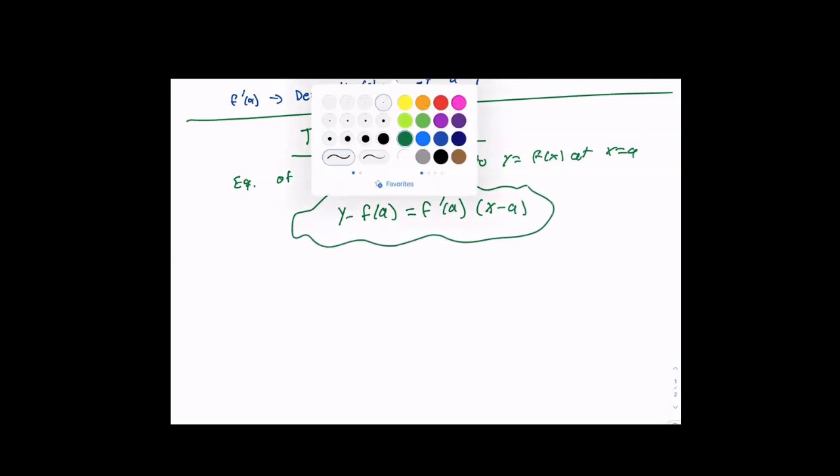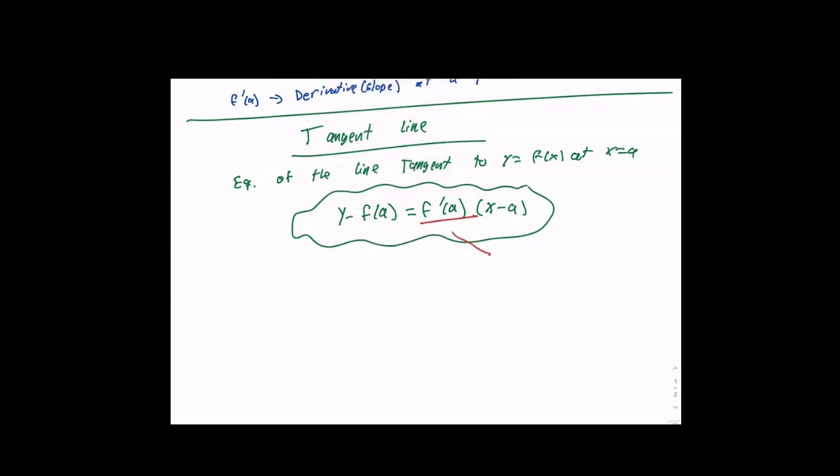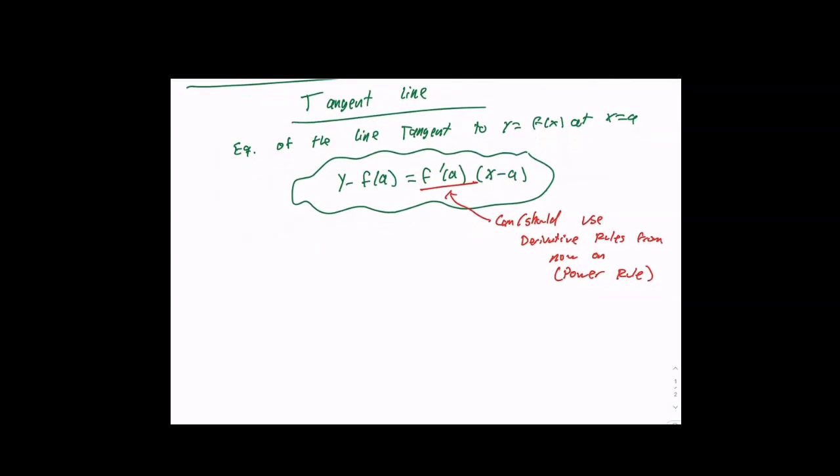And as you can see here, you have f prime of a, but now you can and you should use derivative rules from now on. And that means today, the only derivative rule that you know is the power rule.